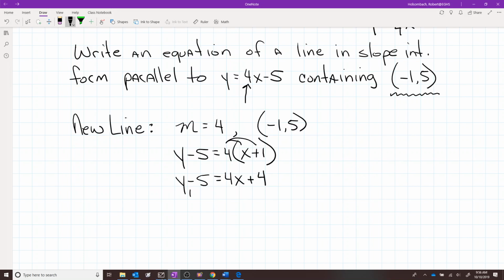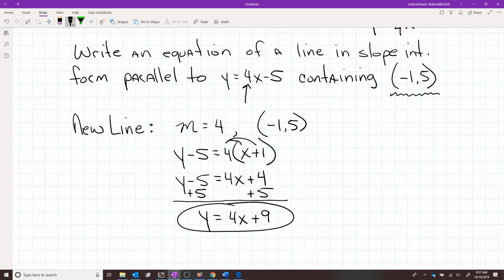If you add 5 to each side, then y is equal to 4x plus 9. That's the equation of a line in slope intercept form that was parallel to y equals 4x minus 5, and it went through negative 1, 5. You all right with that?